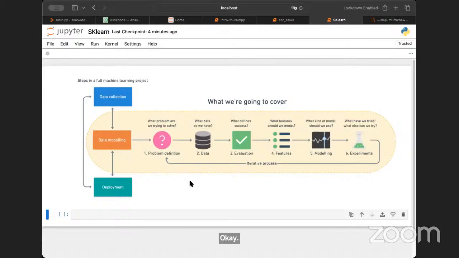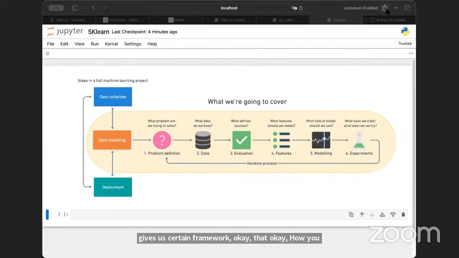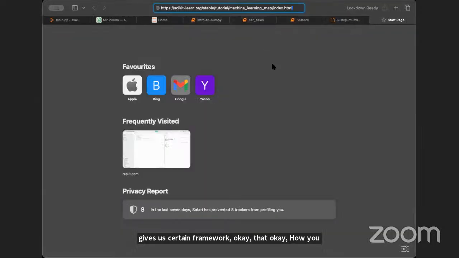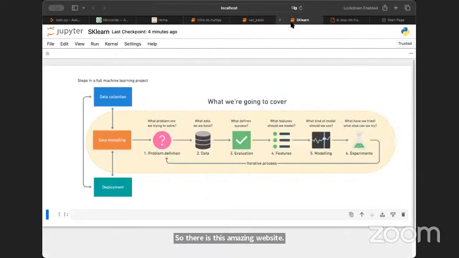But Scikit-learn itself gives us a certain framework on how you can choose a particular model. So there is this amazing website. I'll also mark it in the notebook that I'll share with you guys.